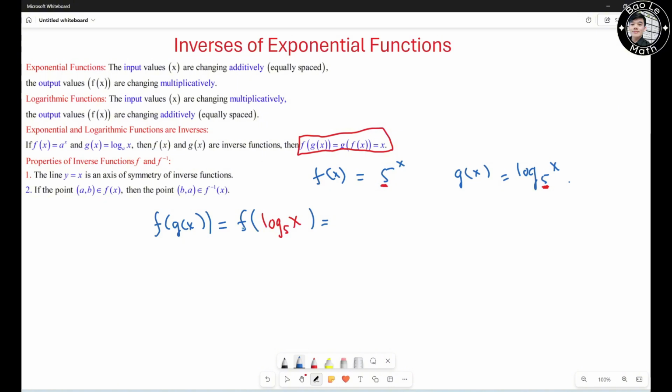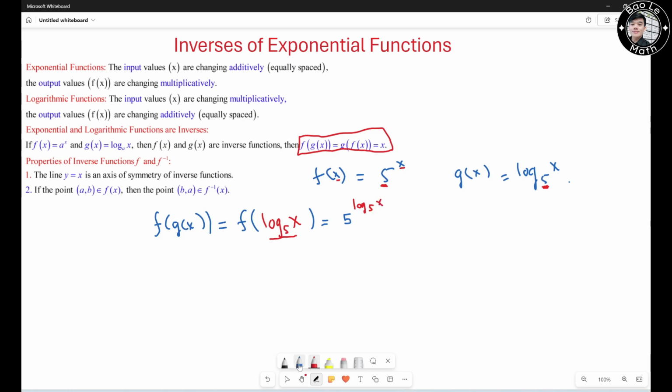Now I look at the function f of x, and I just rewrite 5 to the power. Now this x is replaced by log base 5 of x, so it's 5 to the log base 5 of x.